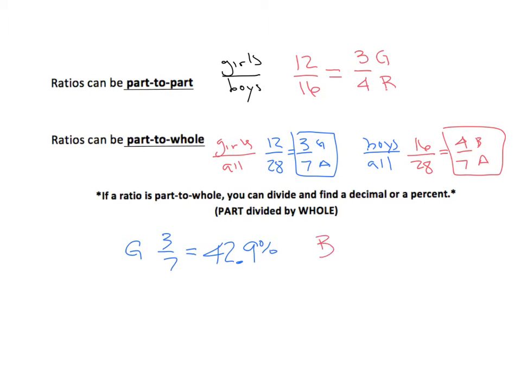And for the boys, we had 4 over 7 as that ratio. If we divide those values, you'd end up with 57.1%. And guess what happens if you add up these two values? Yep, they give you 100%.